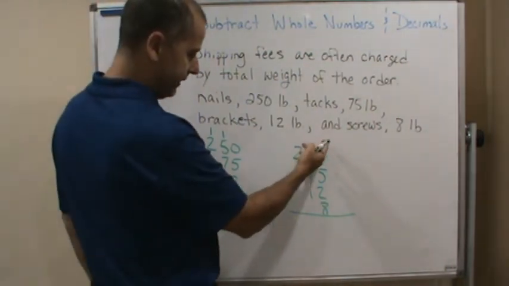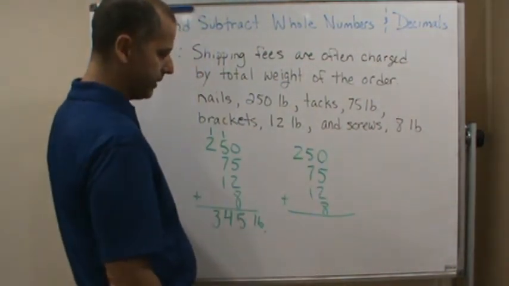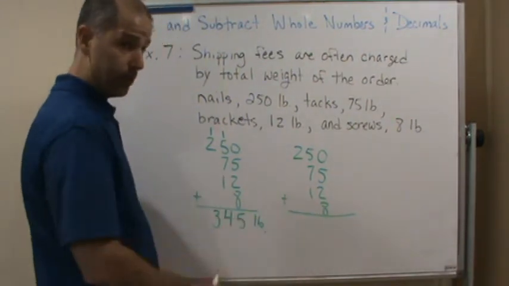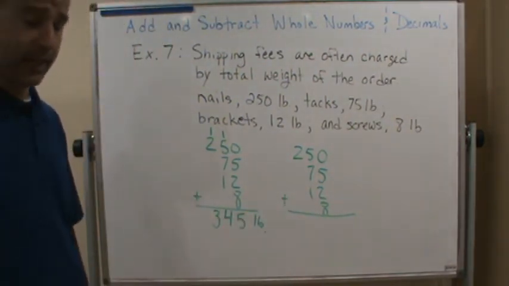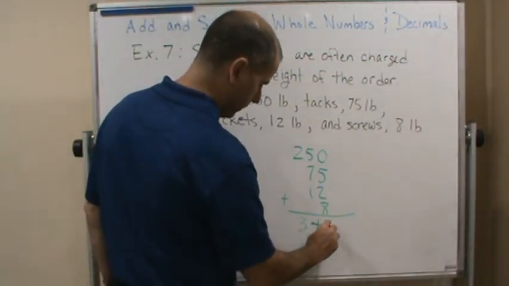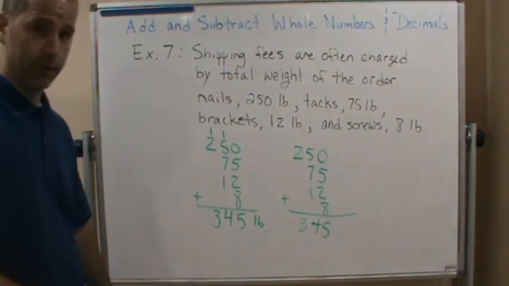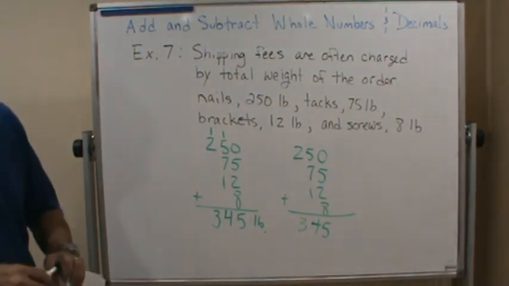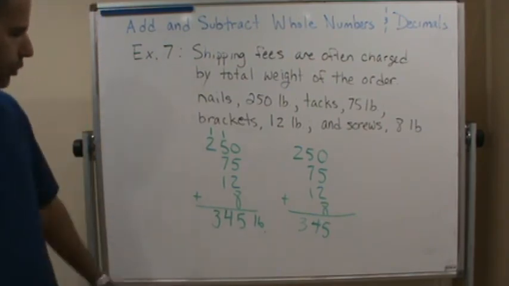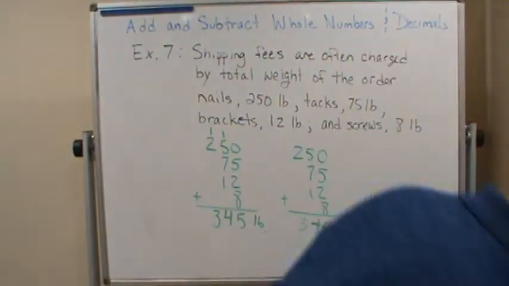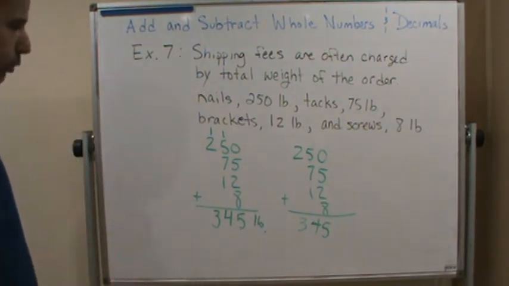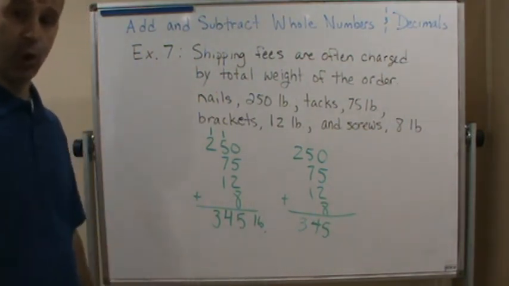And then if I add these columns down, I get 15. So 330 plus another 15 gives me 345. And I did it all in my head. So if you add this way, you can avoid having to deal with the regrouping, in a manner of speaking. You don't have to deal with the carrying because you're doing the regrouping as you go along.